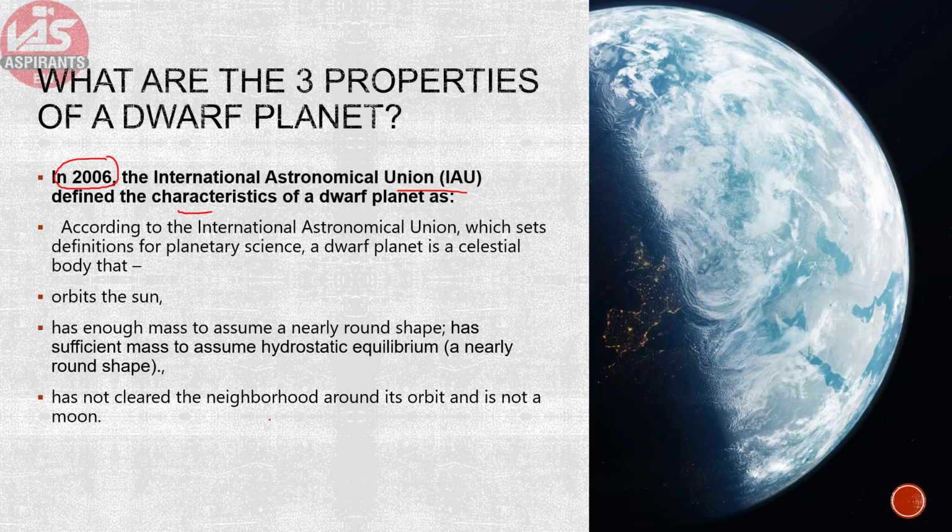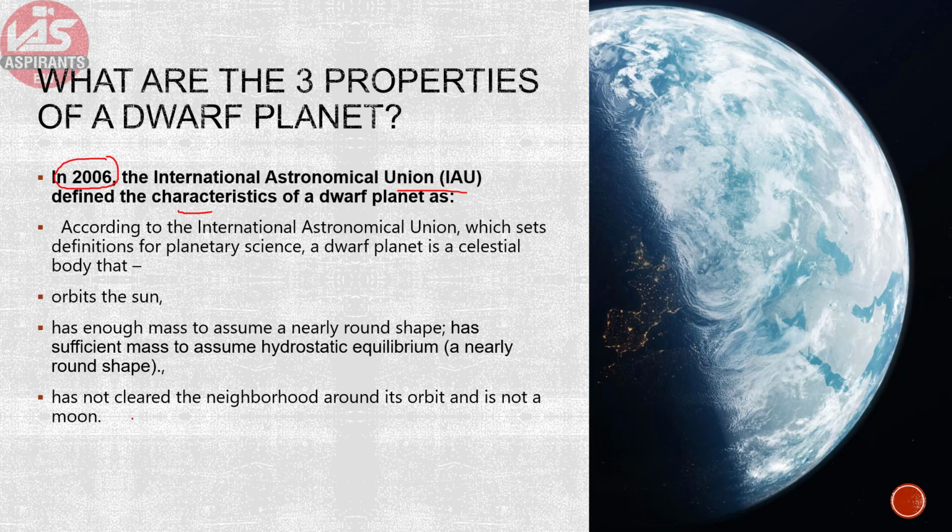Planets always clear their neighborhood, so there is nothing near it, but a dwarf planet will not be able to clear its neighborhood. There may be some debris here, some asteroids and rocky debris there. So a dwarf planet is not able to clear the neighborhood around its orbit.